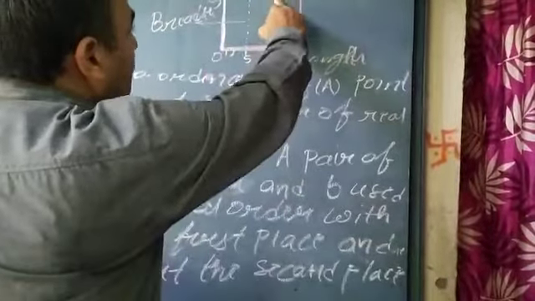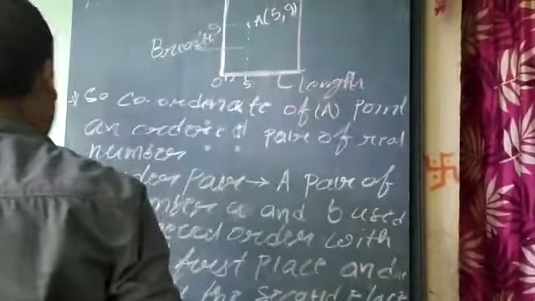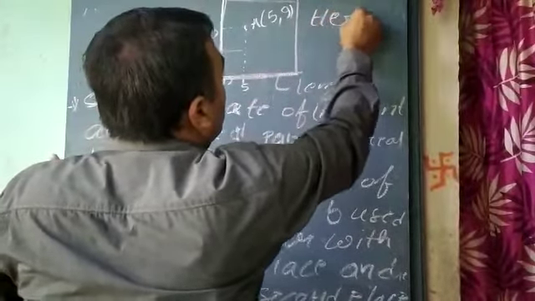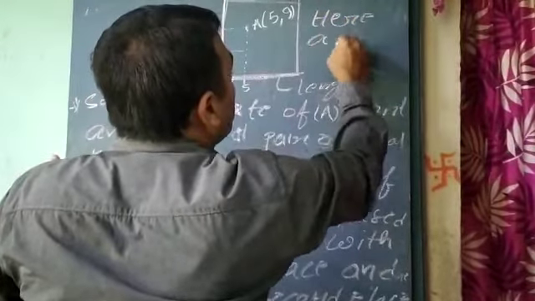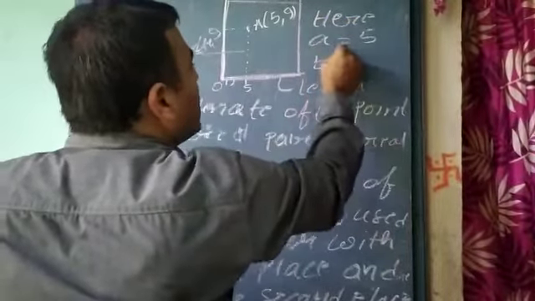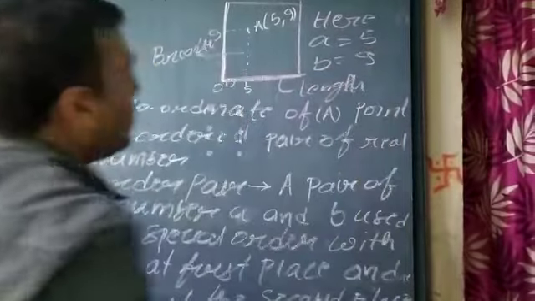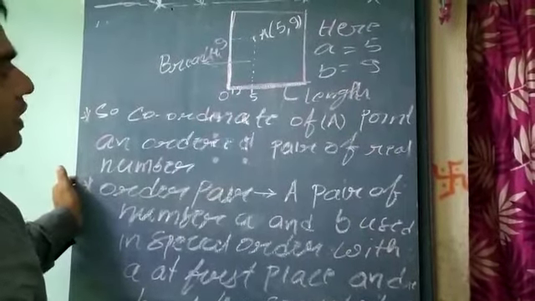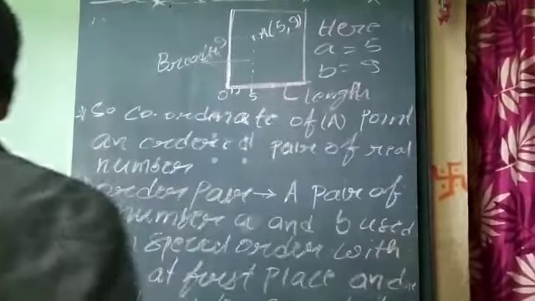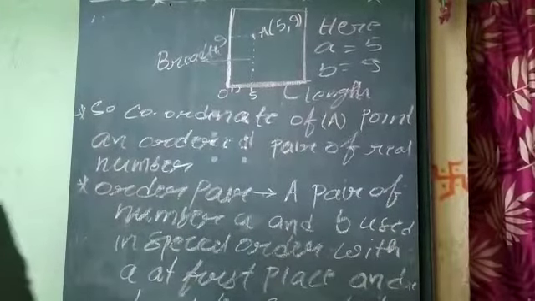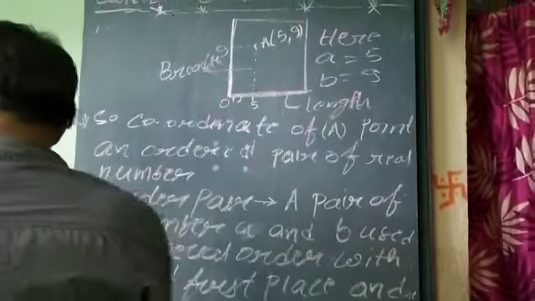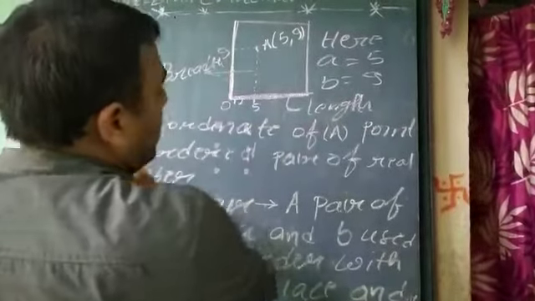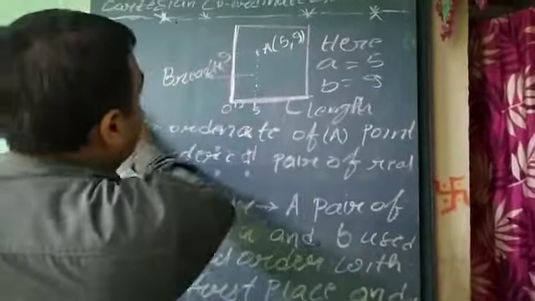Here A is 5 and B is 9. So now we will learn about the coordinate axis.